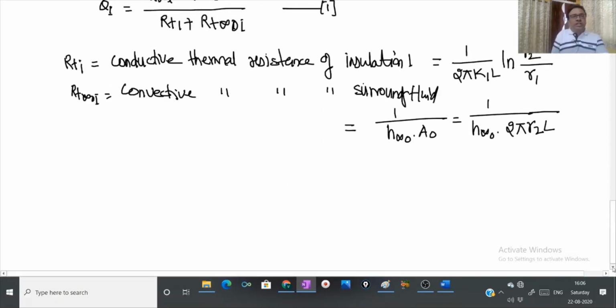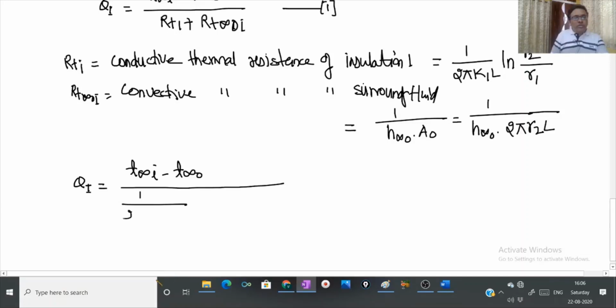Now, considering these individual values of RT1 and RT infinity O1, I can write T infinity I minus T infinity O over, let us put all those values, 1 over 2 pi, the value of K1 as 0.8 into L, log of R2 which is 0.120 over R1 which is 0.08.